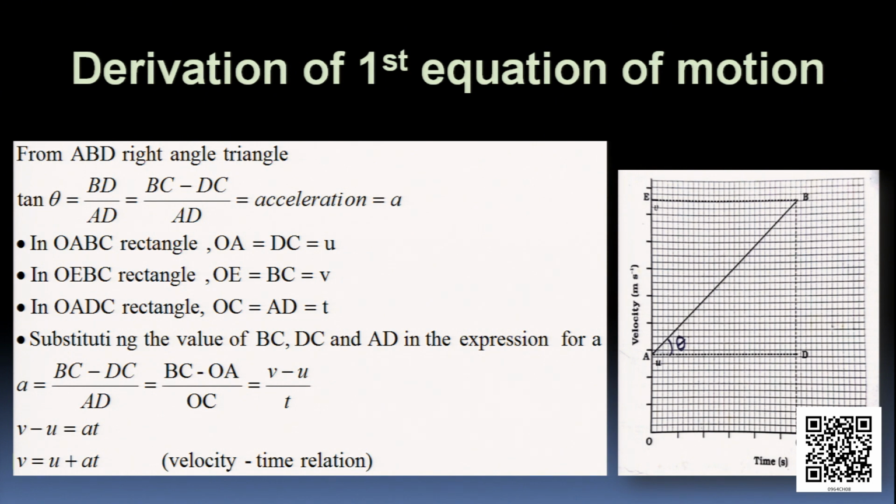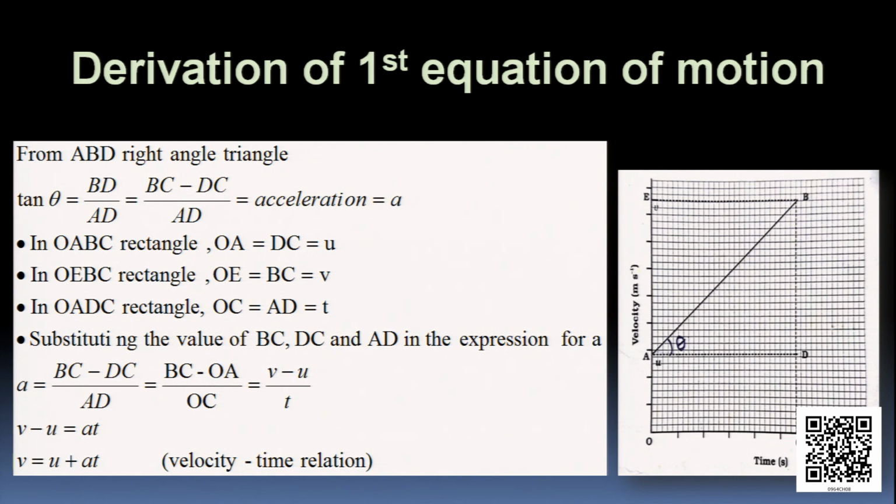Perpendicular is the velocity, base is the time. So velocity by time is acceleration. Therefore, tan theta is equal to acceleration a. Here the object is in uniformly accelerated motion, because the slope is constant. Therefore, the acceleration a is constant.